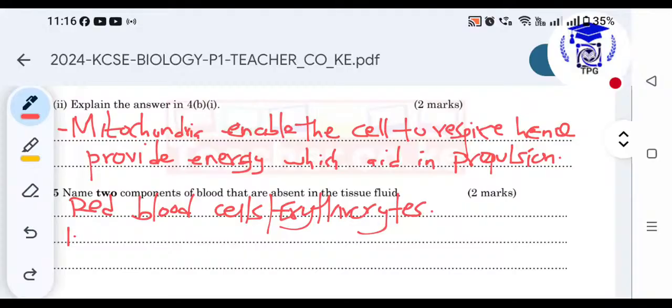We have the white blood cells, which we call the leukocytes.